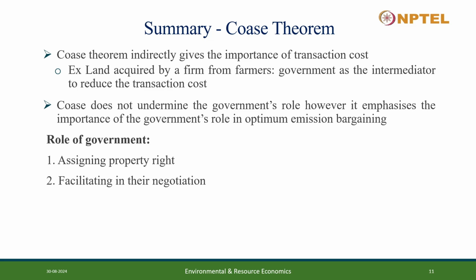So we can say that the Coase theorem does not undermine the government's role. However, it emphasizes the importance of the government's role in the optimum emission bargaining. So the role of government can be in assigning the property right and facilitating the negotiation between the polluter and pollutee.